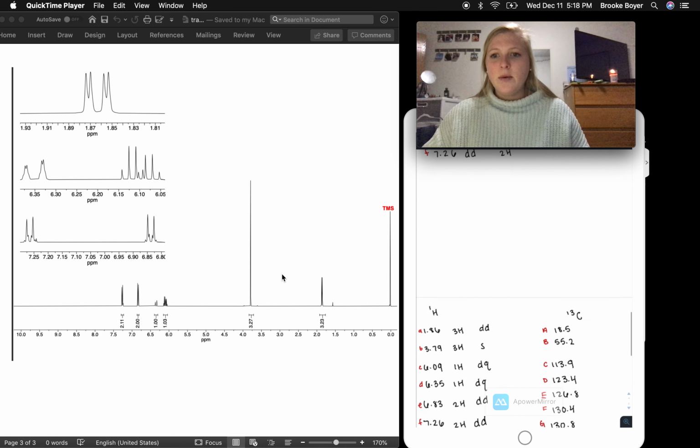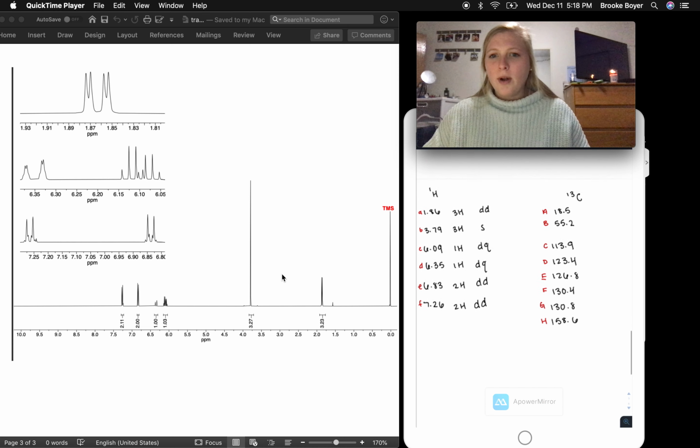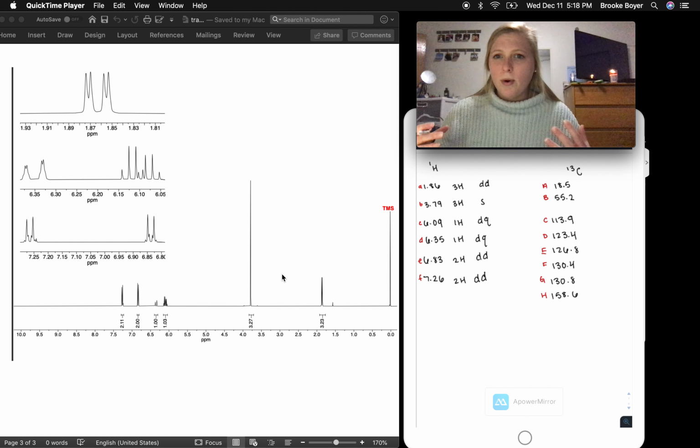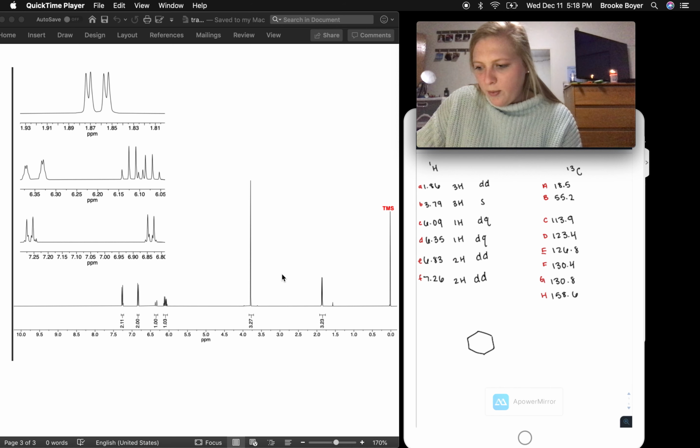The next thing I did was write out everything I know, and from here I'm going to draw what I'm thinking. From the last video, we know that we have a benzene ring fragment, which we have confirmed from the carbon and hydrogen chemical shifts as well.